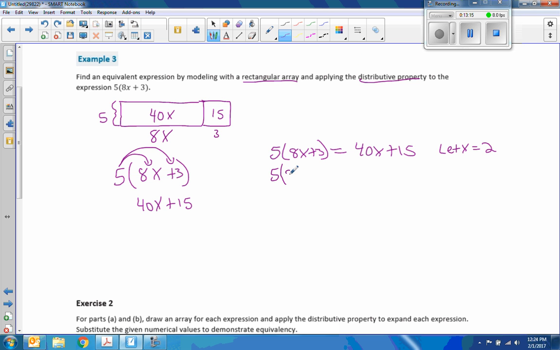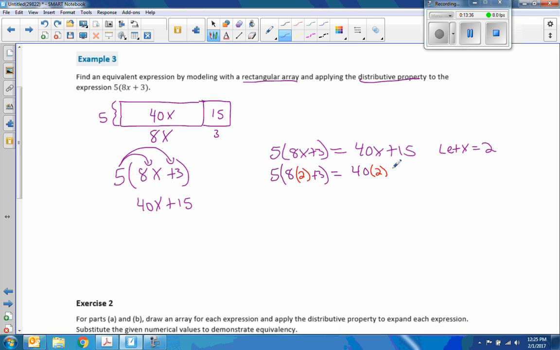5 times the quantity 8, let x equal 2. There's an x, so I'm going to replace that with a 2, which means to multiply by 2, plus 3 equals 40. There's another x, x is 2, so I'm going to replace x with 2, okay.